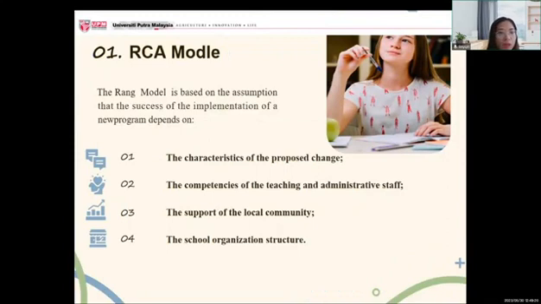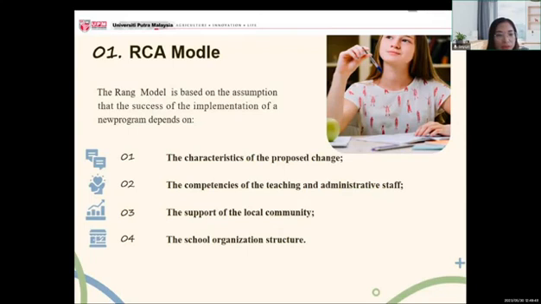Now let's move to the first model, the RCA model. This model is based on the assumption that the success of the implementation of a new program depends on the characteristics of the proposed change, the competencies of the teaching and administrative staff, the support of the local community, and the school organization strategies.